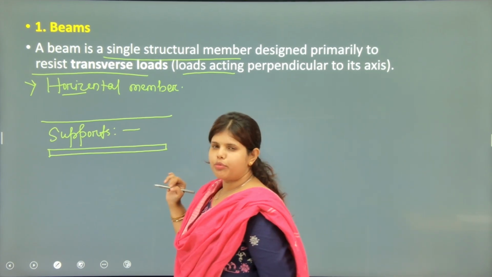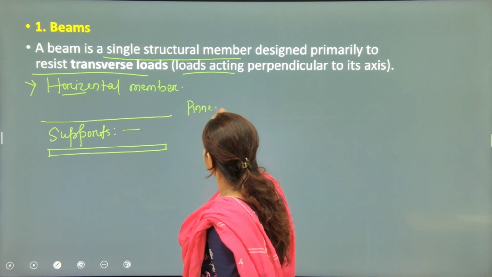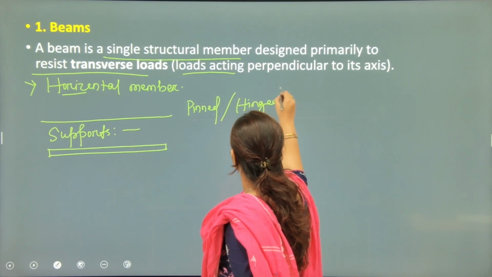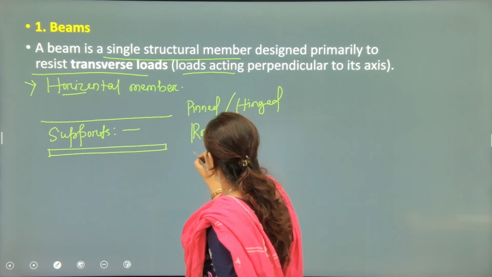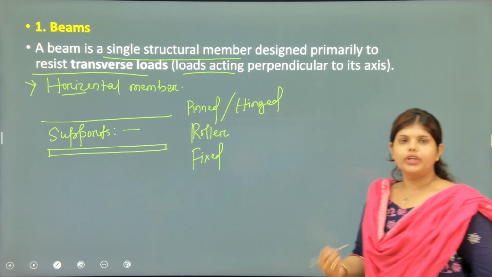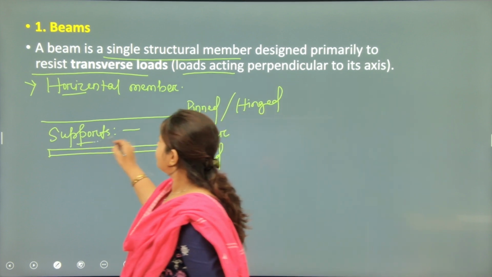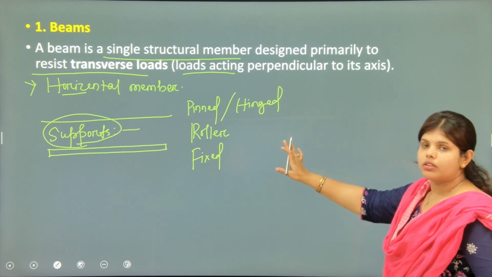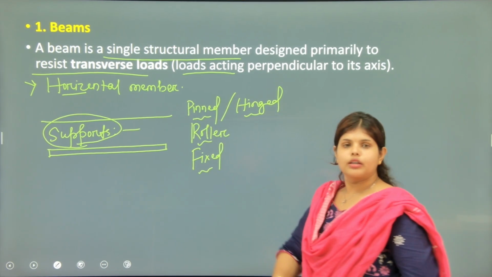The supports can be of three types. We have supports like pin, or you can say hinge, another is roller, another is fixed. Whenever we have structures, we need supports to handle the structure. So the supports can be pin or hinge, roller, or fixed.